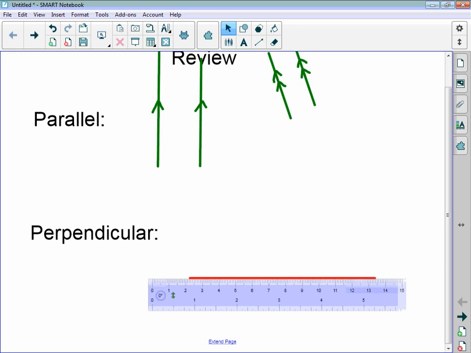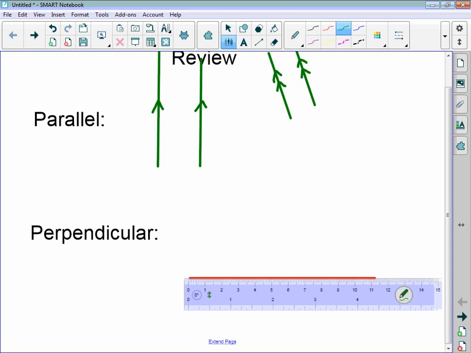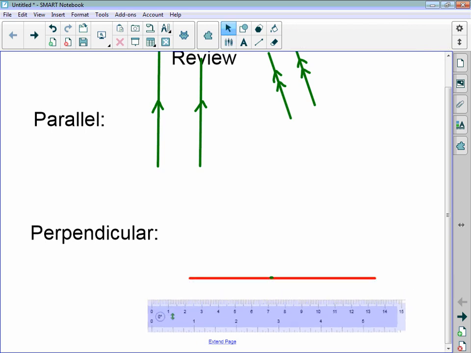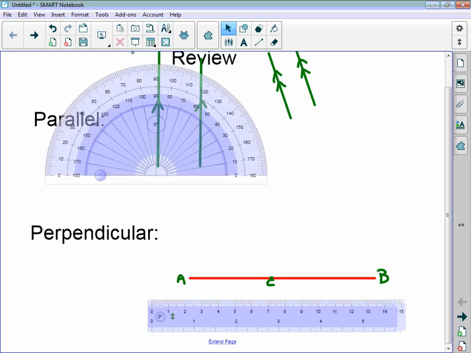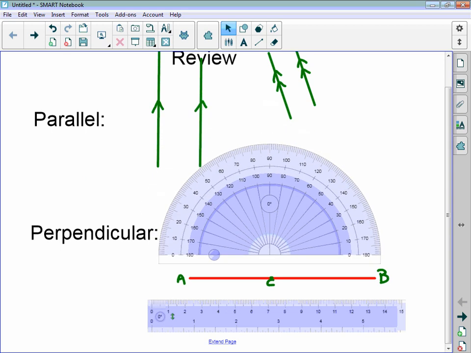Let's say at the 5 centimeter mark, I wanted to draw a perpendicular line, so I'd make a point right there. I could label this end A, this end B, and this point right here C. And I want to make a perpendicular line at point C, so I am going to take my protractor.